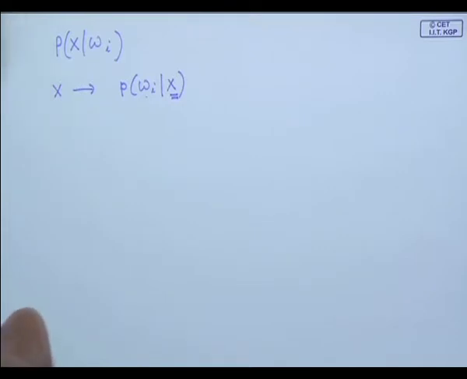P of omega i given x is called the a posteriori probability, and P of x given omega i is the class conditional probability.